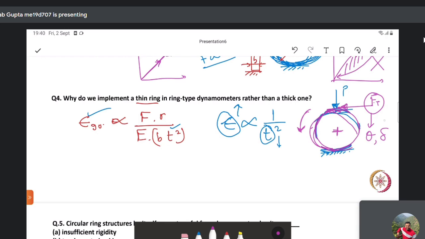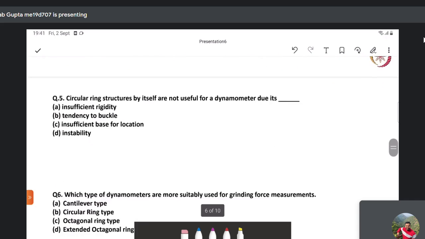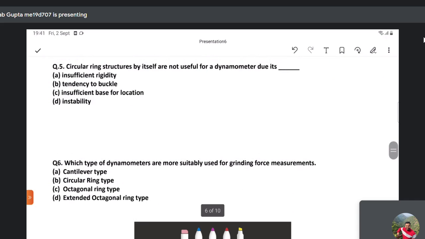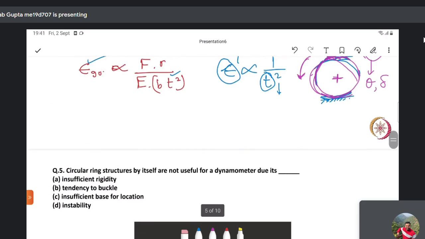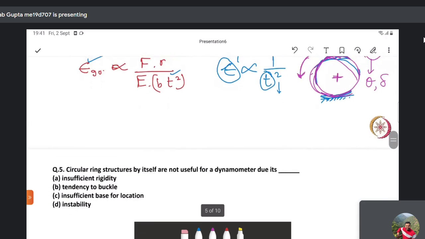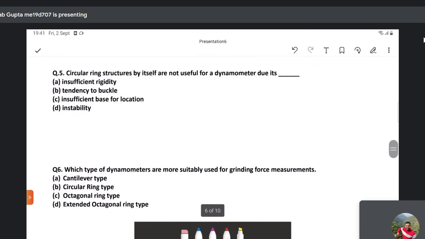But you need deflection rather than deformation to calculate Ft, right? So that's why we generally don't go with ring type dynamometers, because they don't have proper stability, since they can roll off easily under the action of tangential loads. That's why we don't go with circular ring structures.